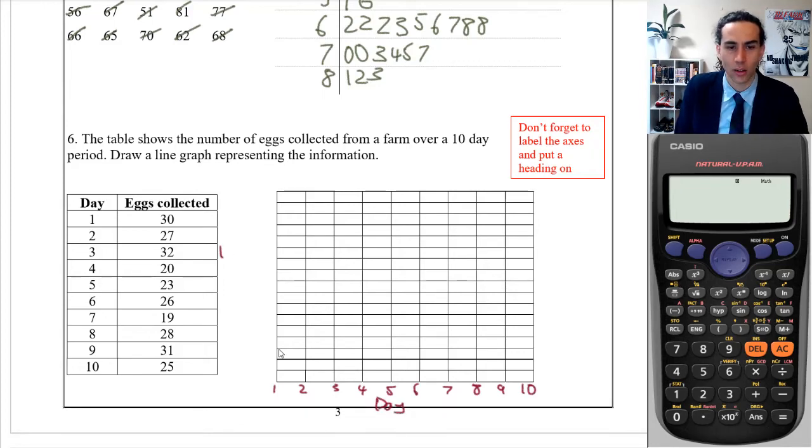Now, eggs. Now, we can't go up by ones because 31 is the biggest. If we go up by ones, it won't fit in. How many lines have we got? Horizontal. 1, 2, 3, 4, 5, 6, 7, 8, 9, 10, 11, 12, 13, 14, 15, 16, 17 of them. We can go up by 2s.